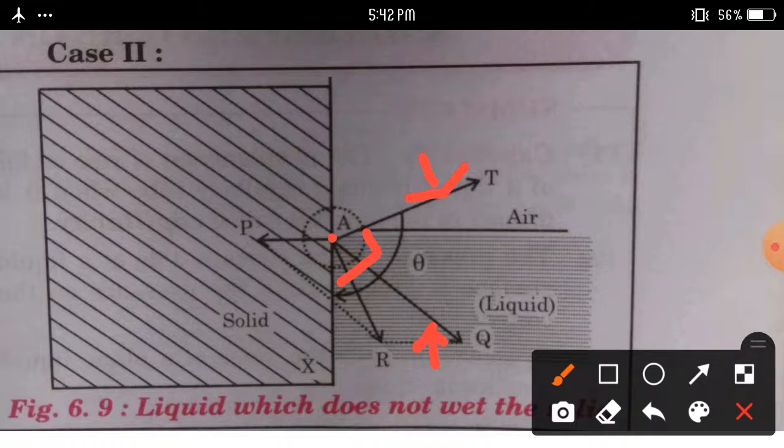Therefore, molecule A moves downward and the liquid surface becomes convex, forming an obtuse angle of contact.